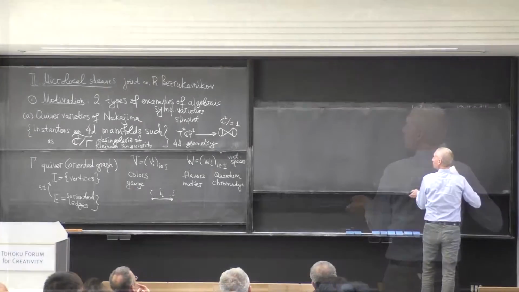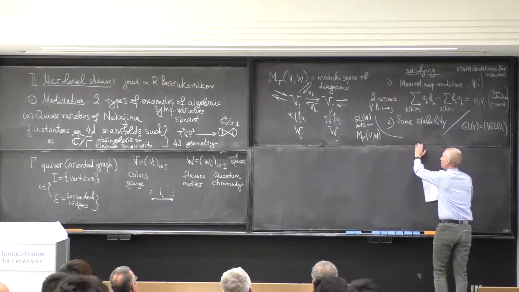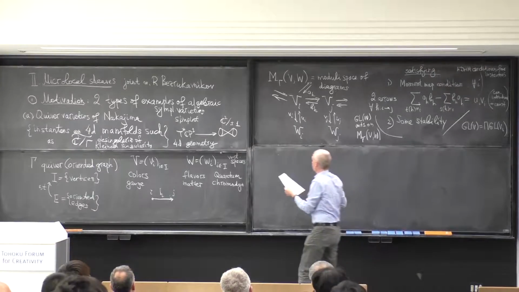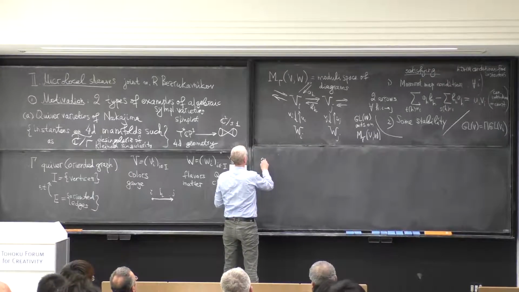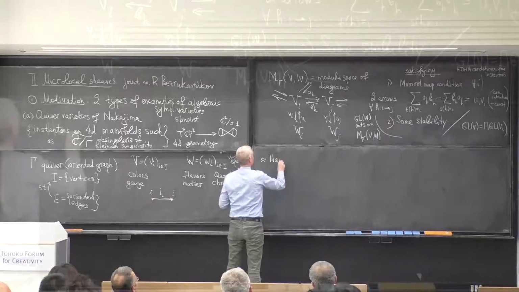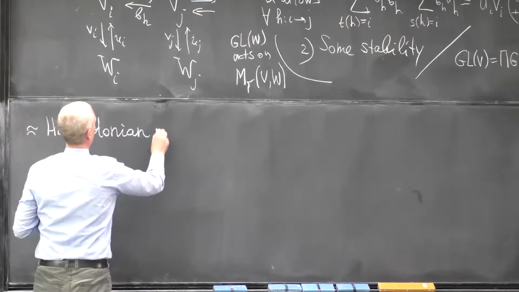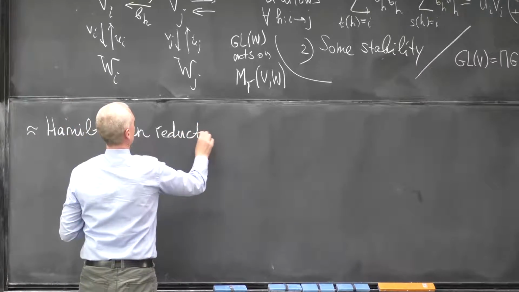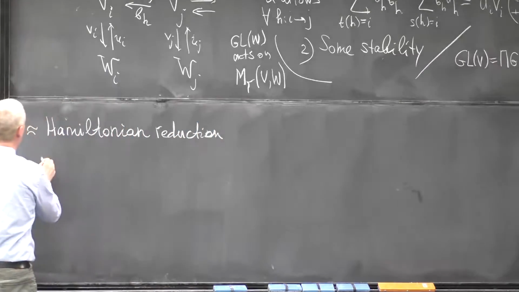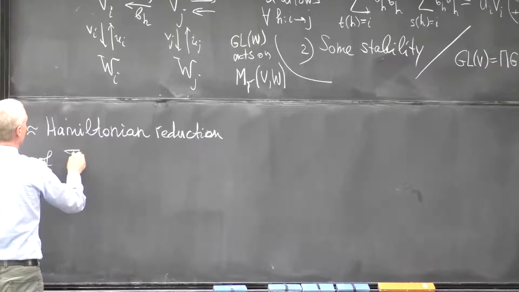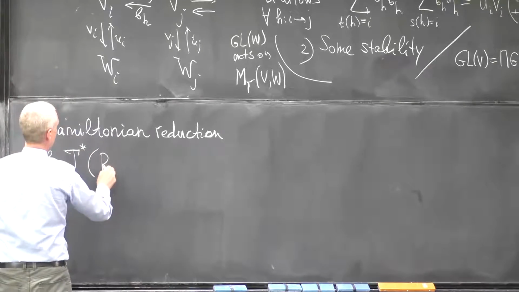So morally, this variety can be considered as a Hamiltonian reduction of the cotangent space of representations of gamma.